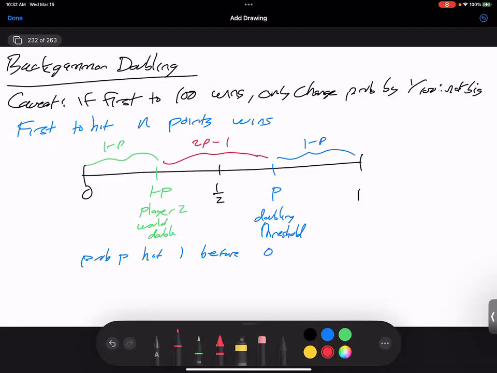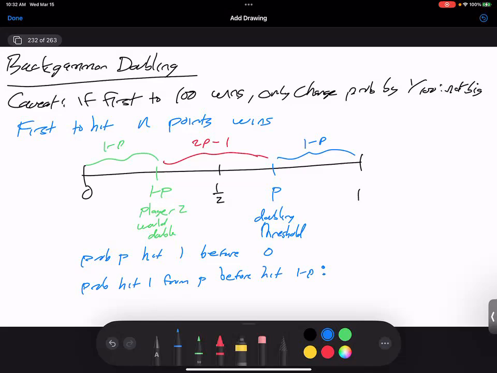And notice, of course, that if p happens to be 1/2, that has length 0. So now, what is the probability that we hit 1 from p before we hit 1 minus p?